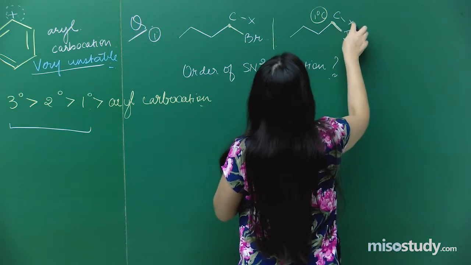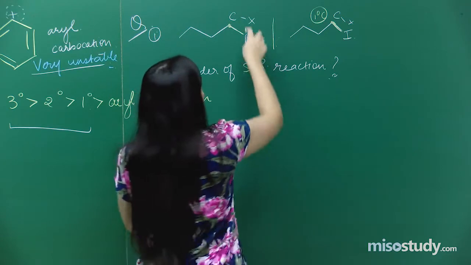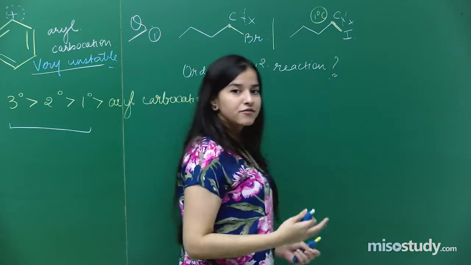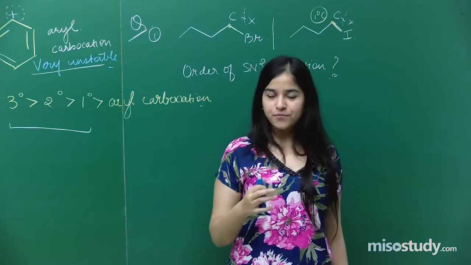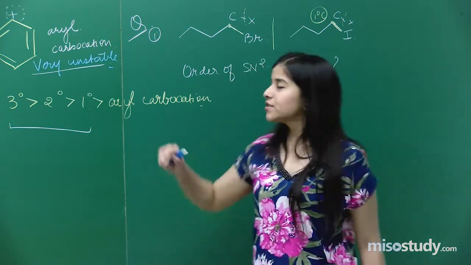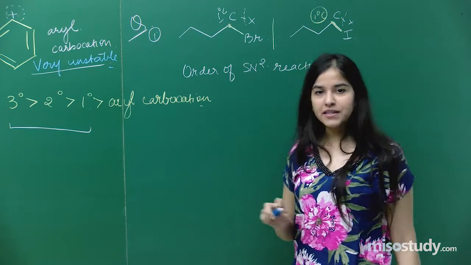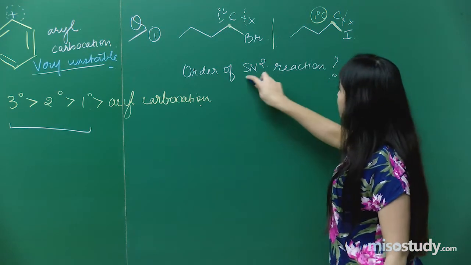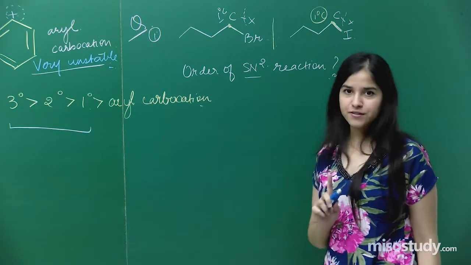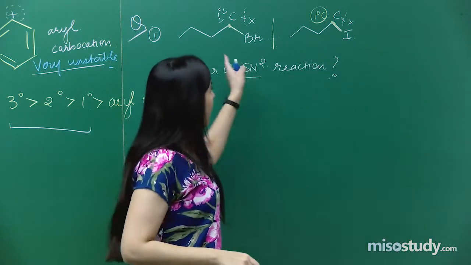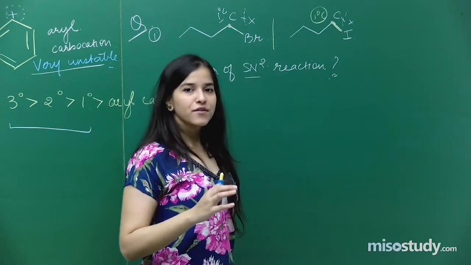My main concern is the C-X bond, which will be cleaved during the reaction, right? So that is how I can find out that these are primary carbons, and they will most probably show SN2, right?